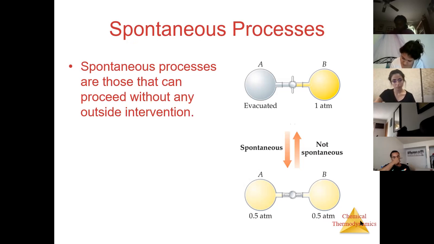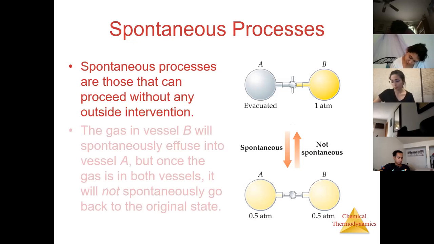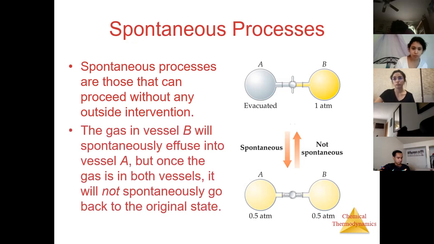And it's going to move in such a manner where you get half an atmosphere on both sides. But you don't go backwards. You don't go from that half an atmosphere on either side into evacuated on one side, 1 atmosphere on the other. It's not going to go back to its original state.